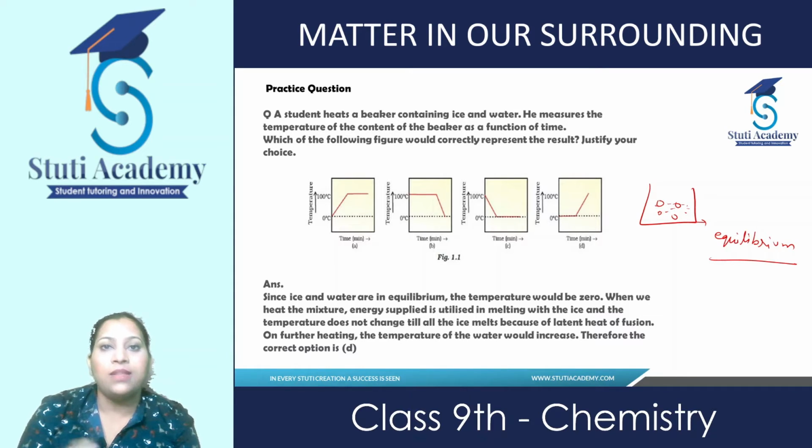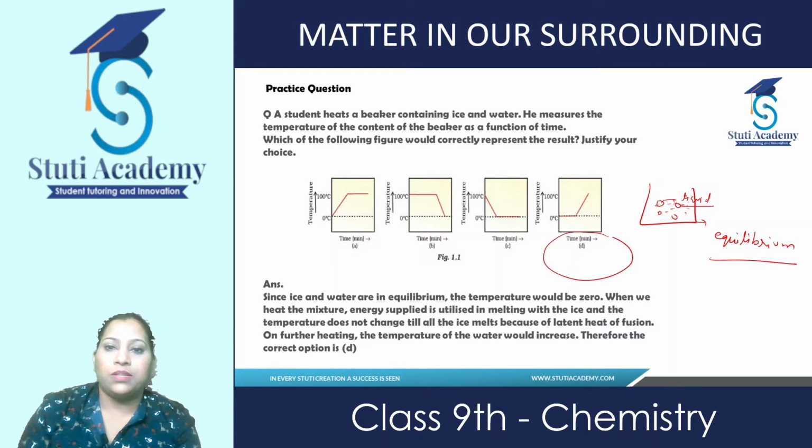When we heat the mixture, due to the latent heat, the ice changes into liquid, but it will not show any rise in the temperature until the entire ice changes into liquid form.